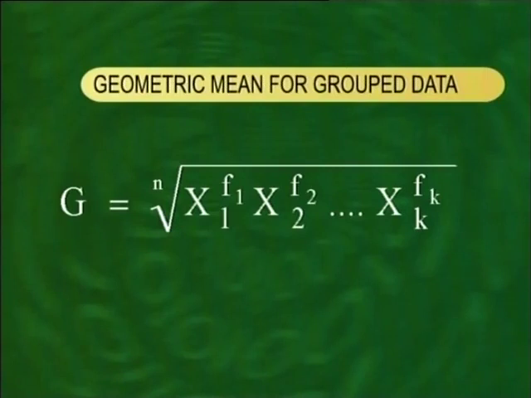In other words, each value of x has to be multiplied by itself f times before we go to the step of taking the nth root.